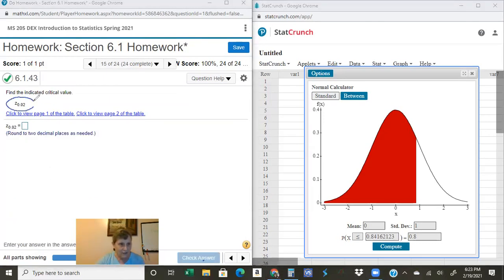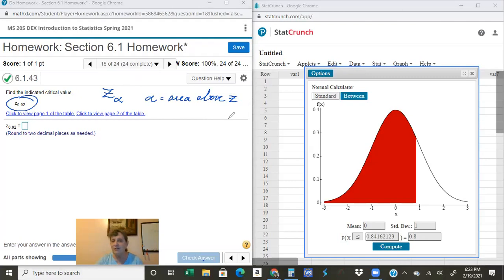Now this notation, this is Z sub alpha, where the alpha represents the area above the Z value, or the area to the right of the Z value.